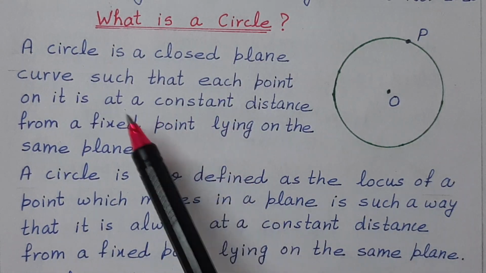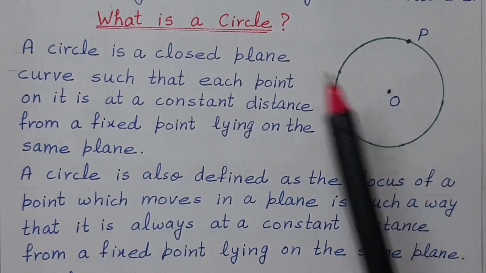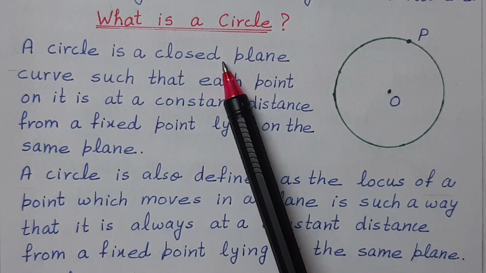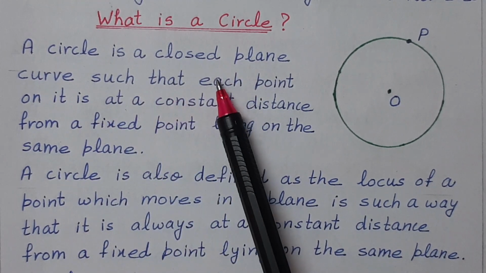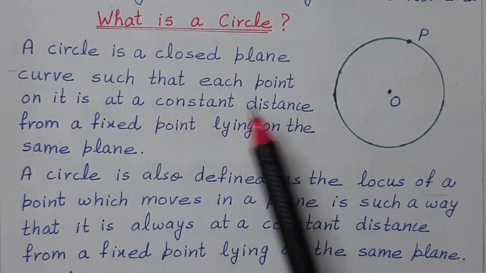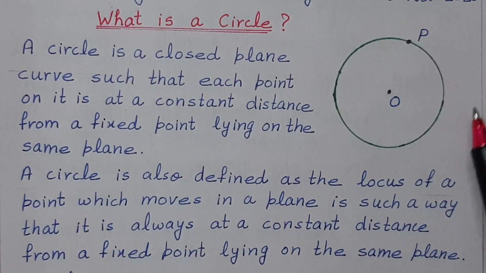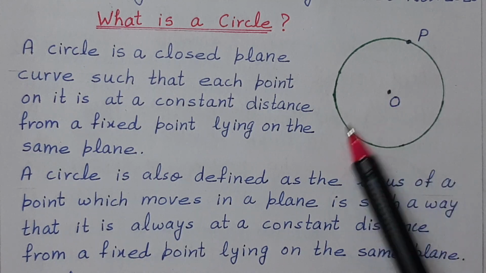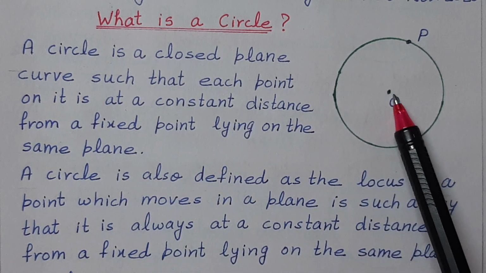Now students, today we are going to discuss circles. So, what is a circle? A circle is a closed plane curve such that each point on it is at a constant distance from a fixed point lying on the same plane.